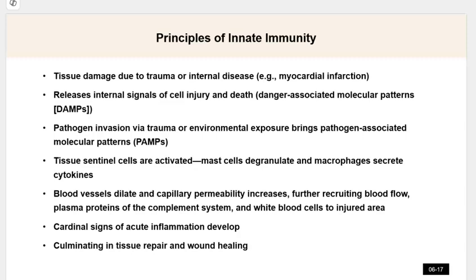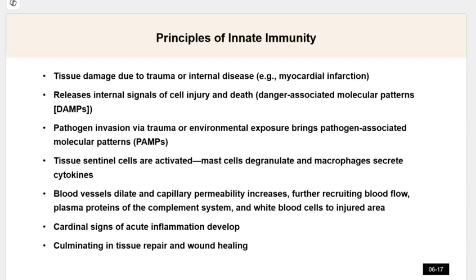So I want to point out here that this leads us right into how our immune system ties into wound healing, and that these processes are all very specifically and well timed.